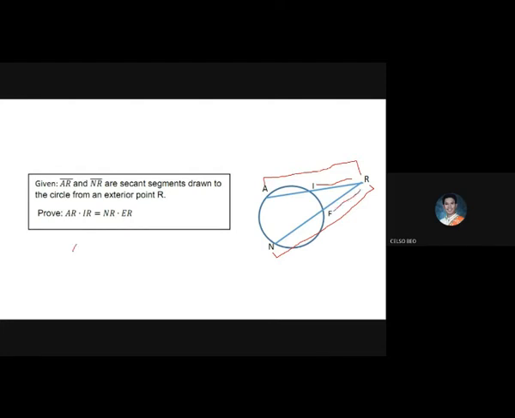So again, we have secant segment AR multiplied to your external secant IR, and this is equal to the product of your secant NR multiplied by its external secant, which is FR.